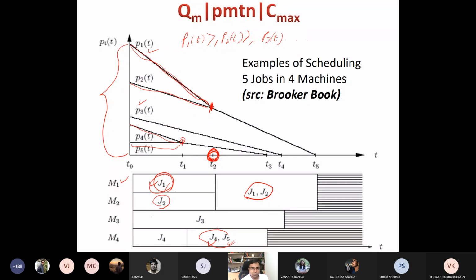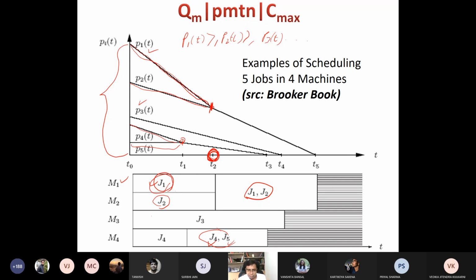What are we trying to do? We are co-executing job 4 and job 5 together. If the slopes meet, then only we need to take the action. If the slopes don't meet, then we don't need to do anything; let it execute continuously. Are you getting this point?